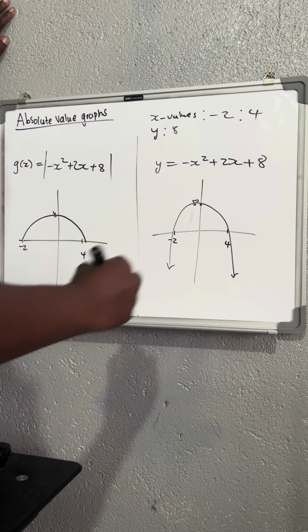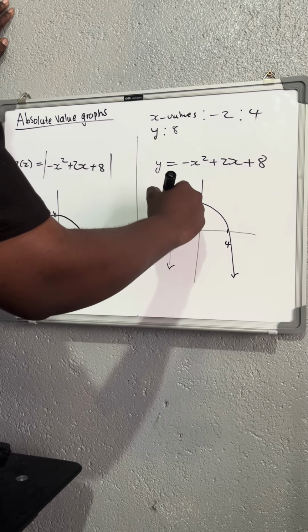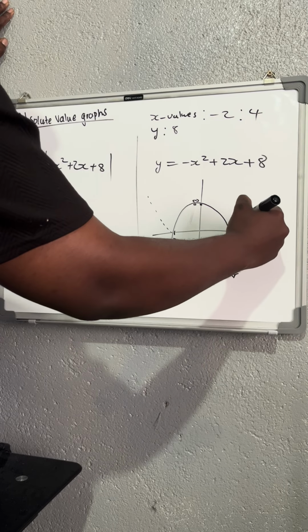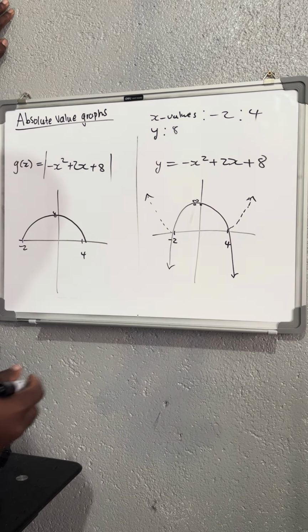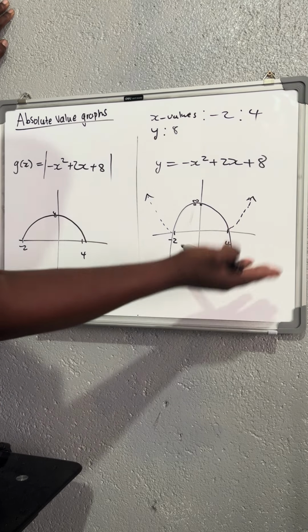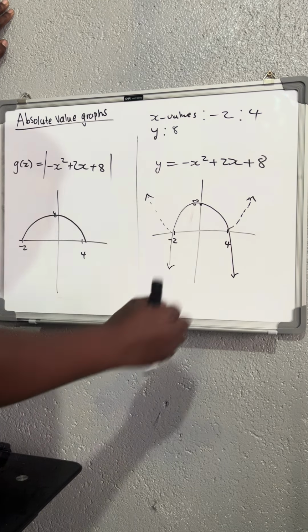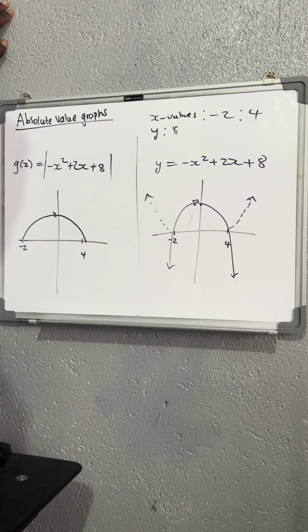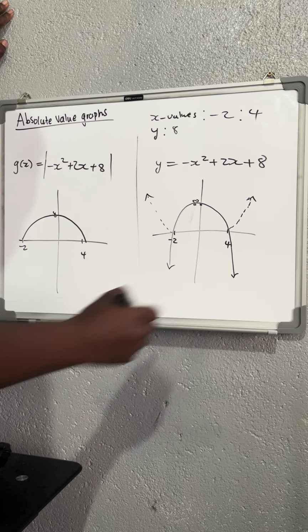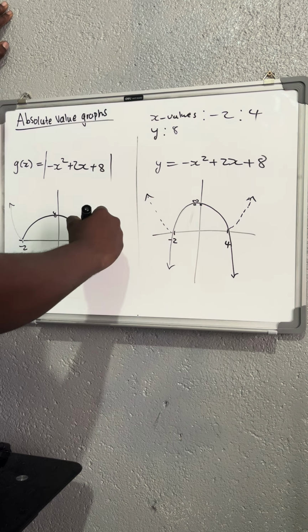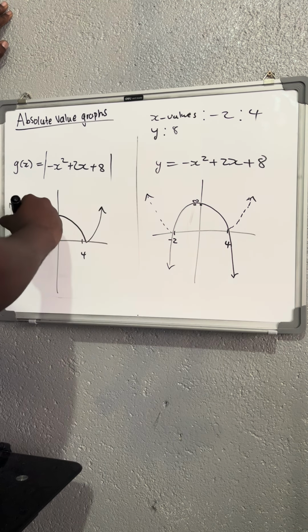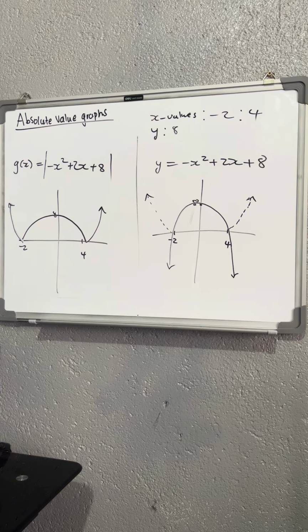If you flip this one, you're going to get something that goes here, and this side is going to go there. Remember, the aim is that if I flip this thing, it must land on top of this one, and even if I take this one back, it lands exactly on this one. So you're still going to draw something that resembles that. So you're going to have a final graph that looks like that.